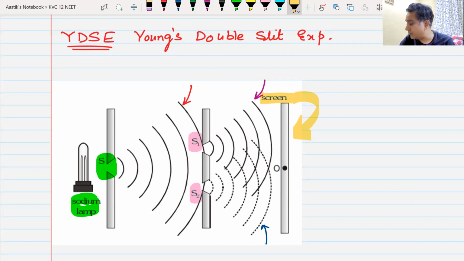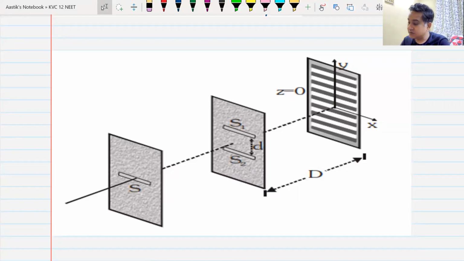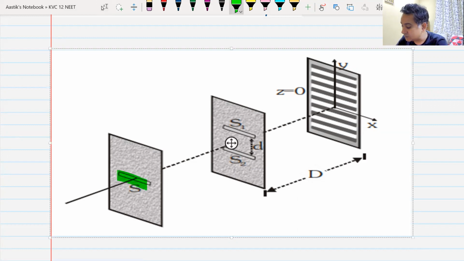And I'll show you more views. You may not have to draw them. You just have to see. And this is a good 3D view of what is happening here. I hope you understand. This is my mother slit.